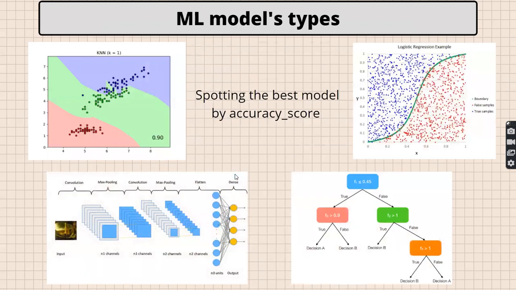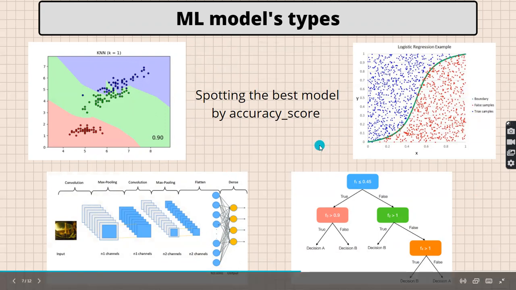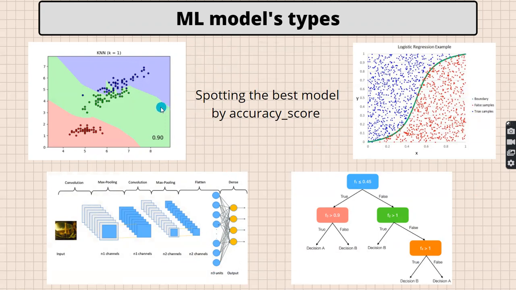Actually, we came to the point where I'm going to discuss how I evaluated the most efficient model. Here on the slide we have 4 distinct machine learning models. First is a K-nearest neighbors classifier. The second, in the right corner, is a logistic regression example.